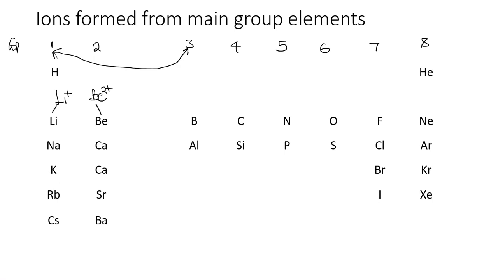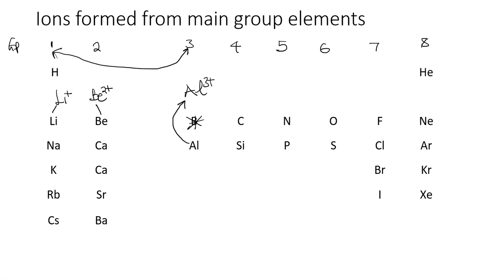Usually, we really don't focus much on boron, but if we take aluminum, aluminum is in group 3. So our expectation is that aluminum will form an ion that is Al3+, because aluminum loses 3 electrons to form the aluminum ion.